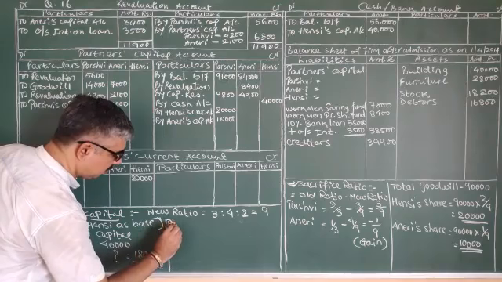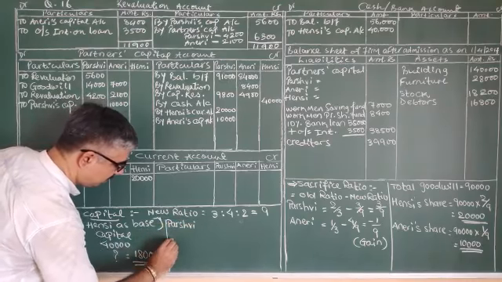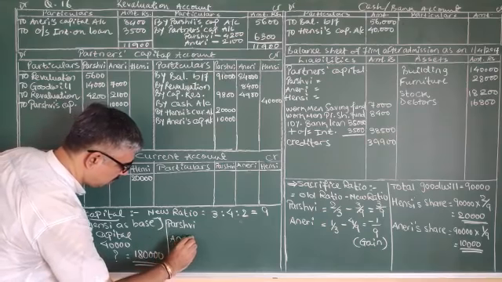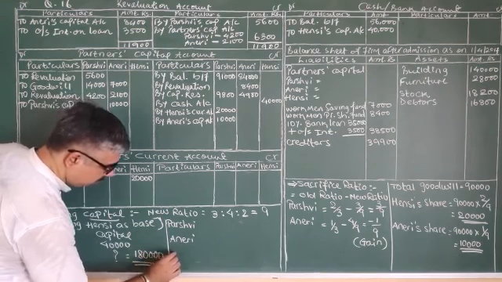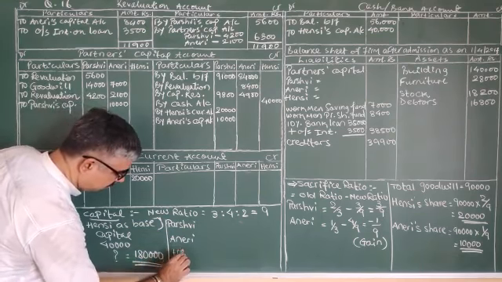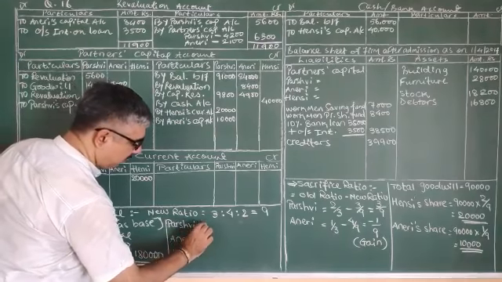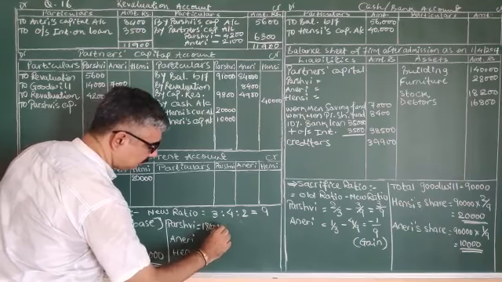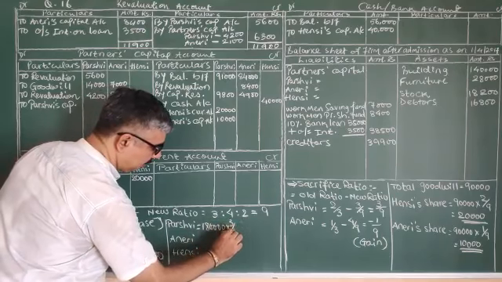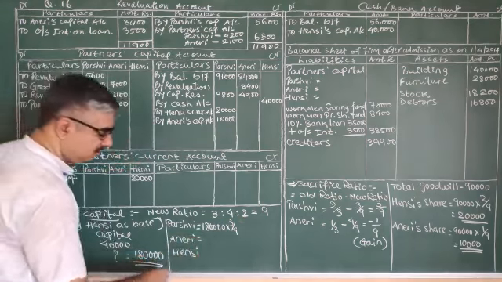Partially, Mary, no need, but still, if you want to, then Henson 1,80,000 into 3 by 9, because this is the total capital.